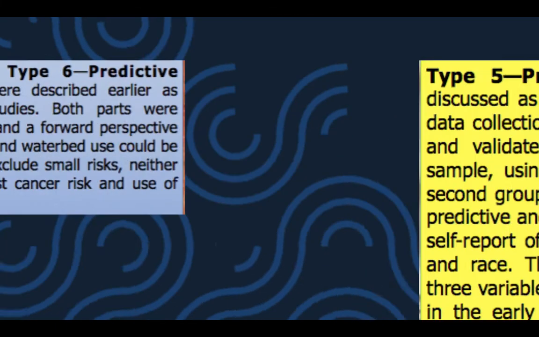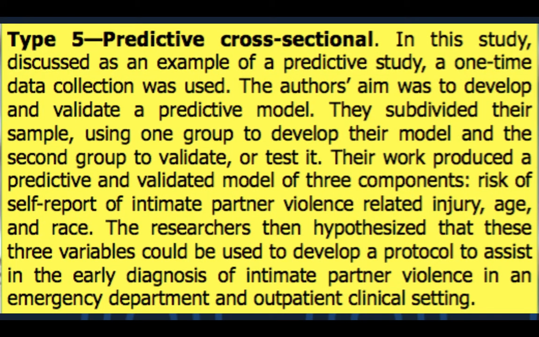Type 5 is what we call the predictive cross-sectional, or a combination of predictive research and cross-sectional research. This study was discussed as an example of a predictive study with a one-time data collection. The authors' aim was to develop and validate a predictive model. They subdivided their sample, using one group to develop their model and the second group to validate or test it.